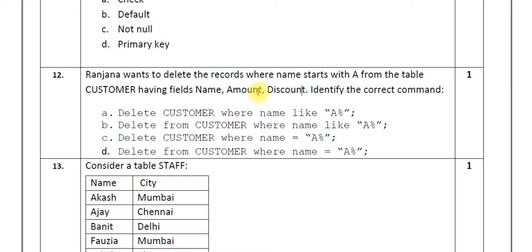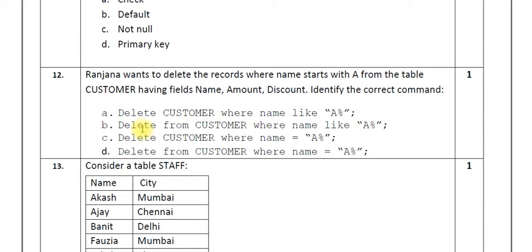We don't need to think about those columns. Remember, sometimes these columns are given just to distract us. So do not think about those columns, only think about the name column. And depending on that, select the correct one.